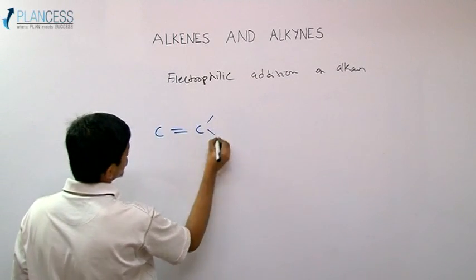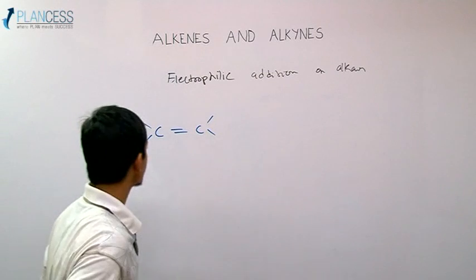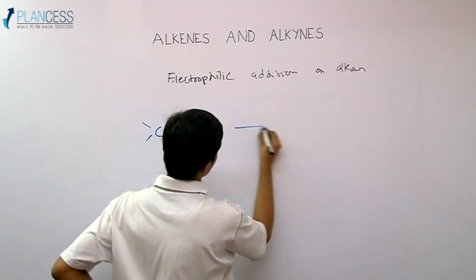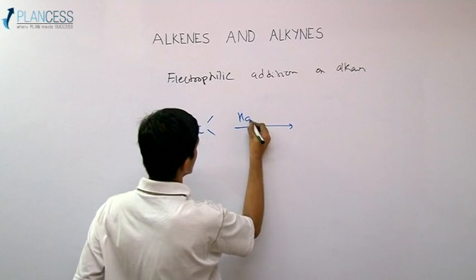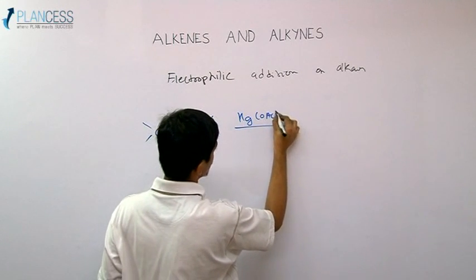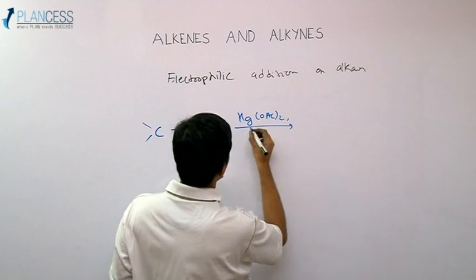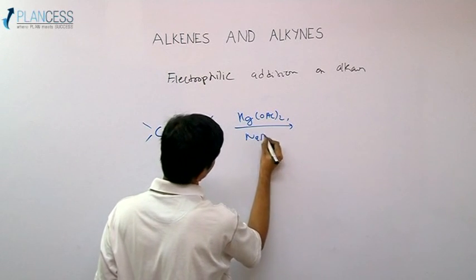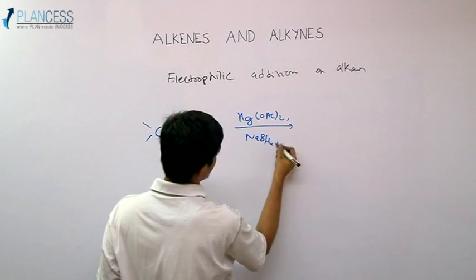So let us see how the reaction happens, or let us first see what is the overall reaction. Overall reaction is if you react this alkene with Hg(OAc)2, and we require here NaBH4 and OH minus.